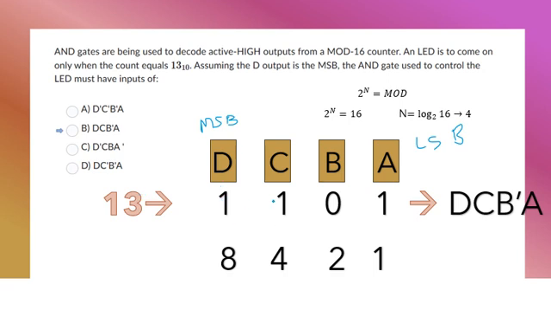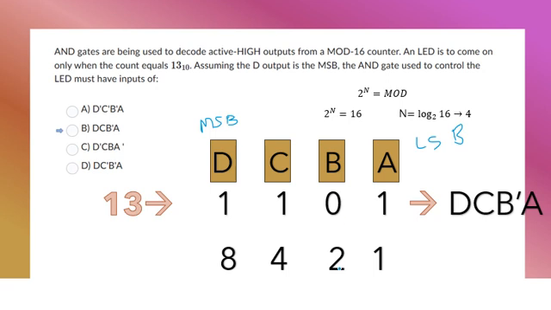So we go 1 for 8, 1 for 4, 0 for 2, and then 1 for 1. Your positions are 2 to the power 0, 2 to the power 1, 2 to the power 2, and 2 to the power 3. So the values are 8, 4, 2, 1. I have 1 for 8, 1 for 4, and 1 for 1.